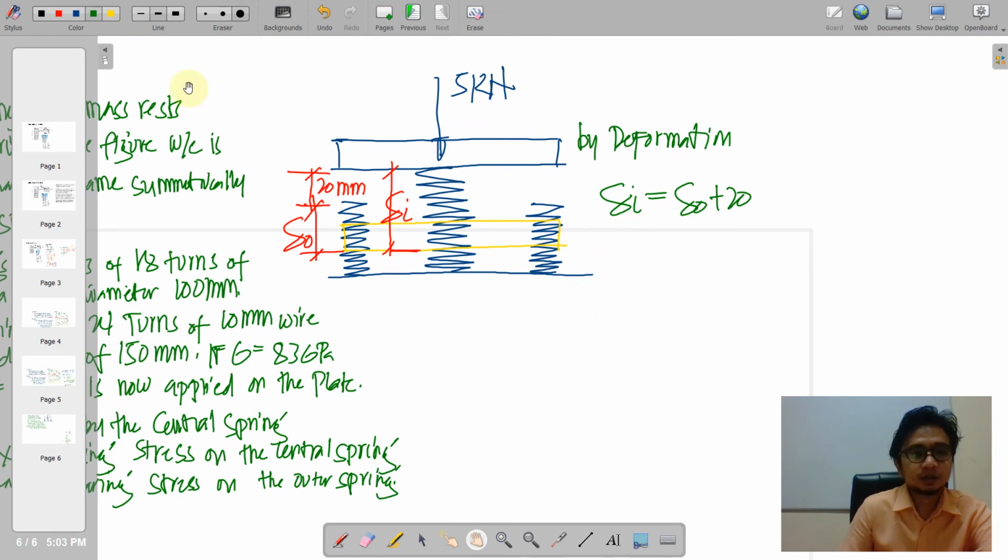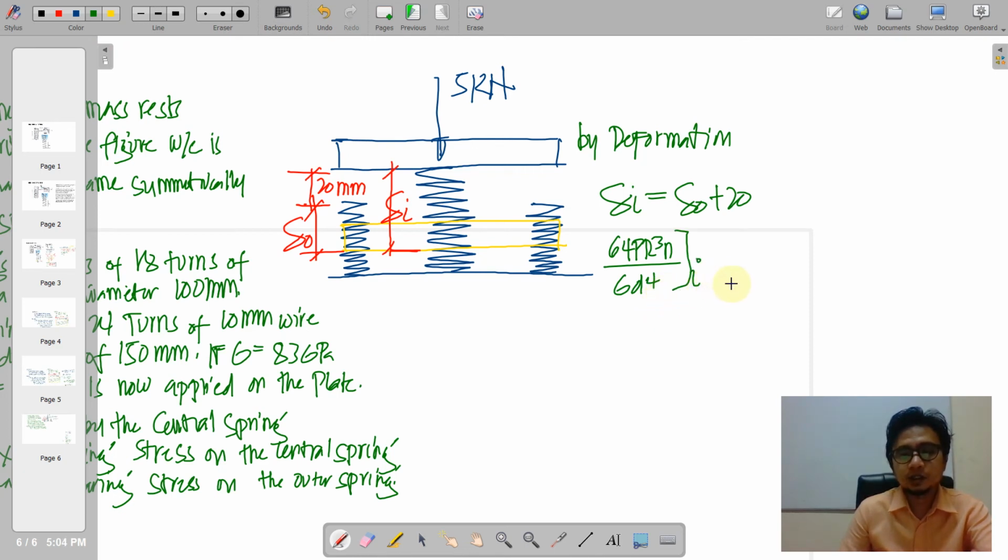Of course, we have 64 PR cube N all over GD to the 4 for the inner spring is equal to 64 PR cube N all over GD raised to 4 for the outer spring. Of course, we place the remaining term there.